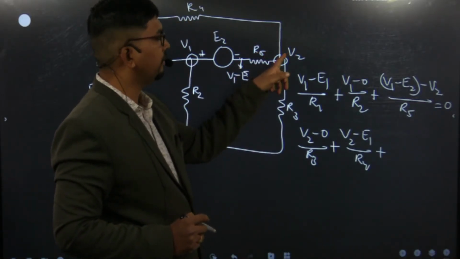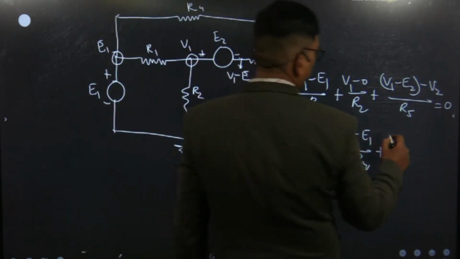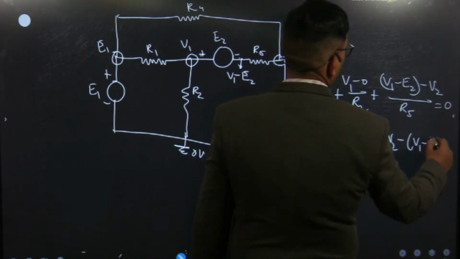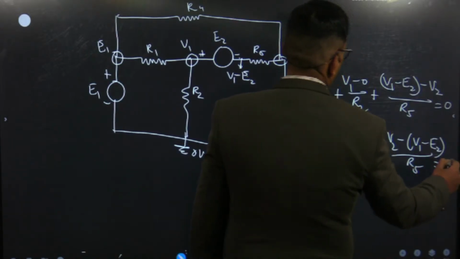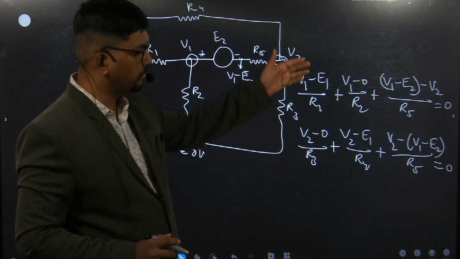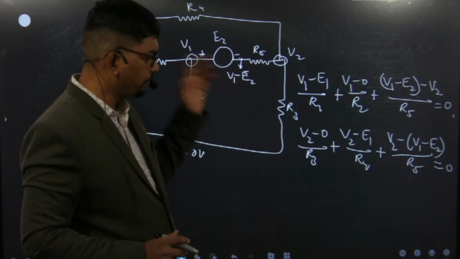So we will assume that this potential is higher. So current in R5 will be V2 minus V1 minus E2 upon R5 equal to 0. So basically these are the 2 equations, and both are different because it is not the case of the super node.